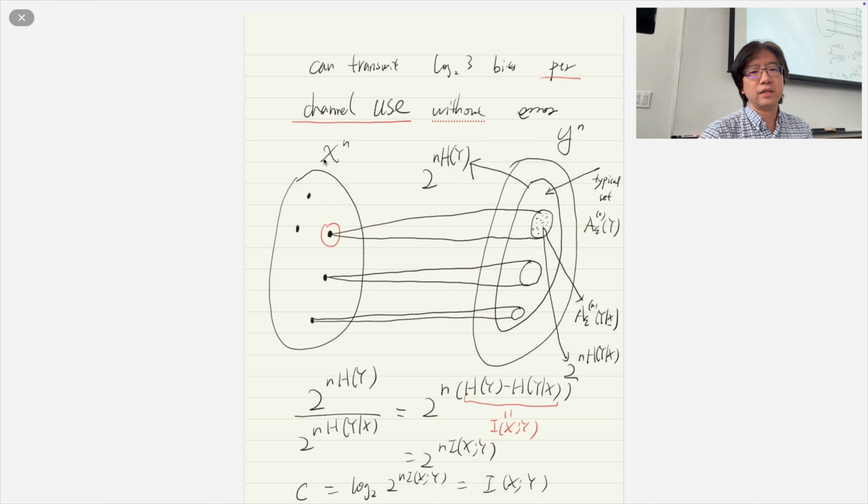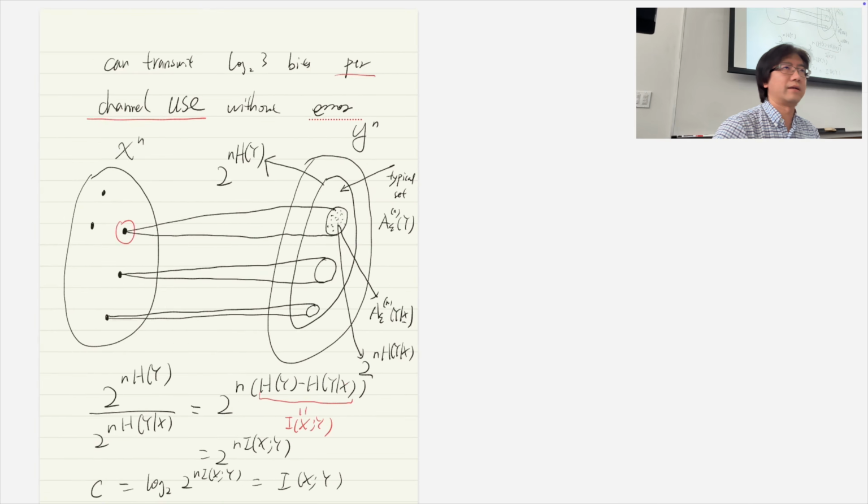You can see that the mutual information is a function of the probability of x. So if we can design it, then we can maximize it over the PMF of x. Basically, the channel capacity is defined by the maximum of the mutual information, and the maximum is over the distribution of x.